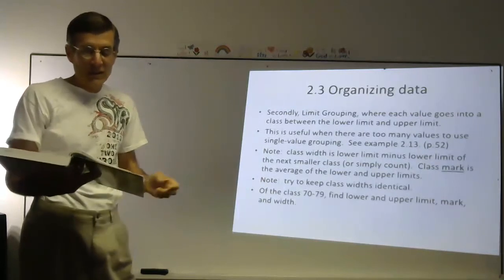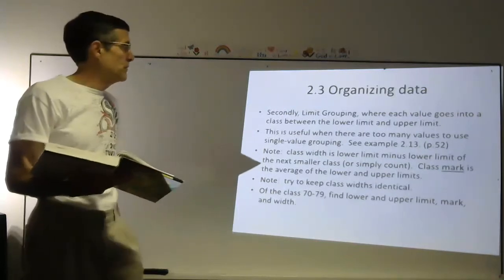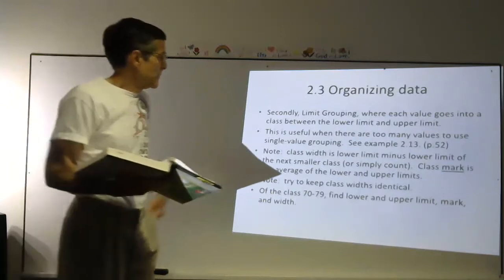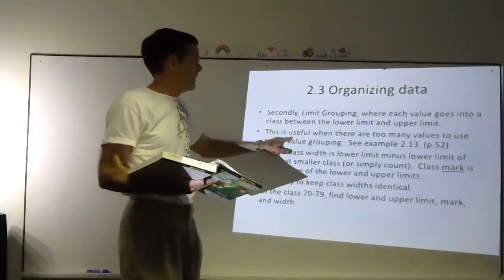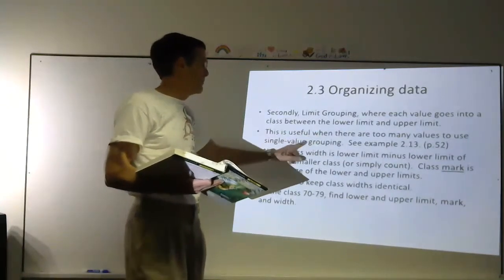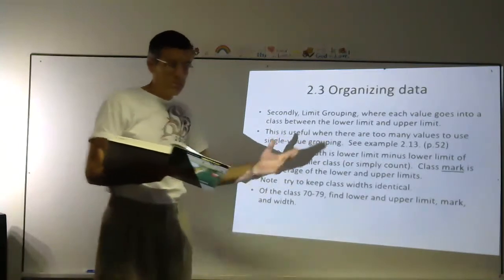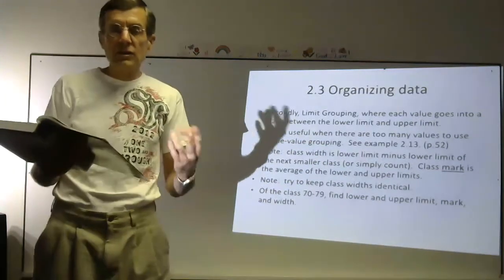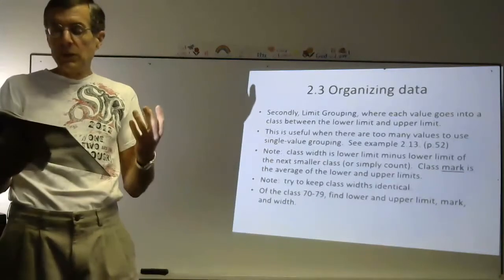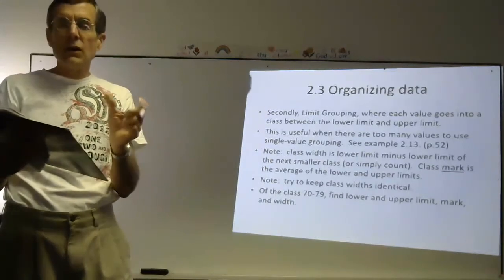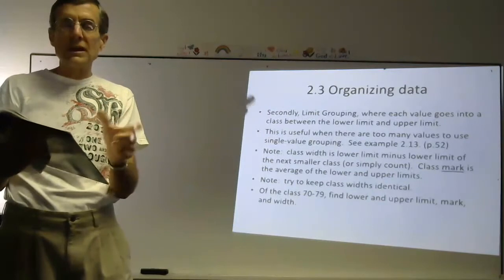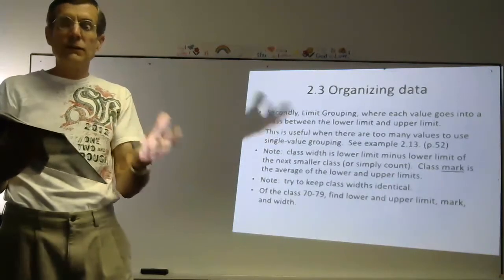I don't. So look at the top now, page 52. Limit grouping is very useful when there's too many values to use single value grouping. Top of page 52. You can see the way it's grouped. We've got days to maturity, all the numbers between 30 to 39, 40 to 49, 50 to 59.